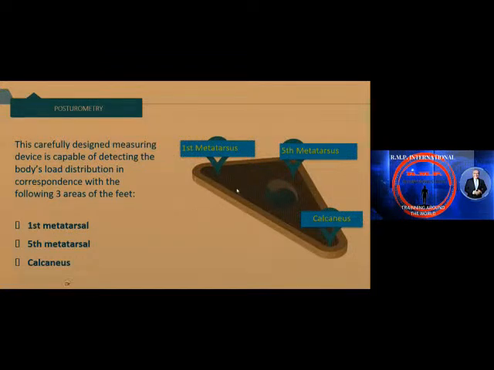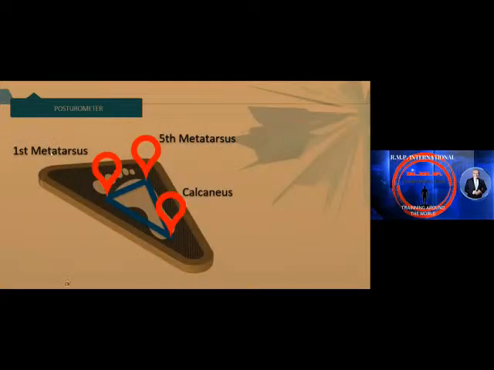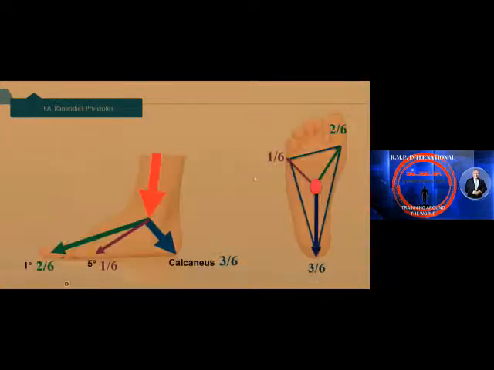Three sensors. There are two platforms. Sensors 1, 2 and 3. The triangle of support of our body. Principles of Capanges. How the body weight is distributed onto the floor.